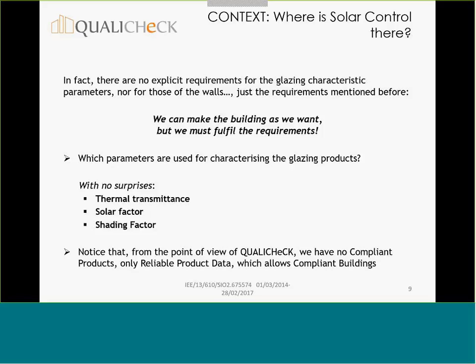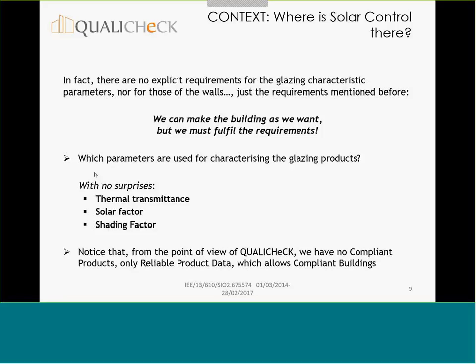I mean, in Spain, building manufacturers, let's say, can make the building as they want. The only requirement is to fulfill the previous numbers. Then, just the glazing, the shading devices, everything in the building is just there.